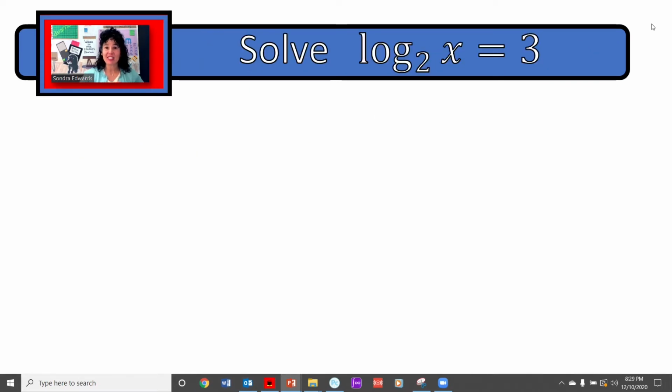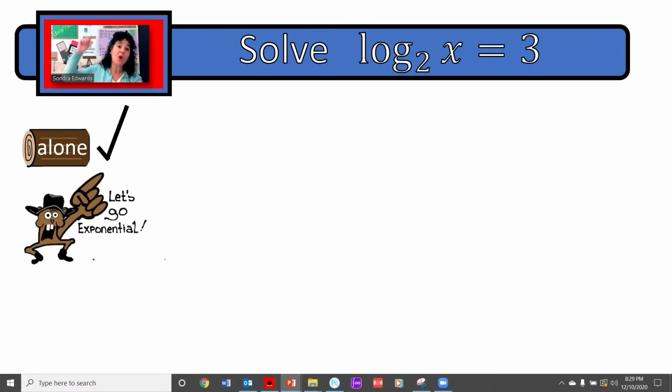Here we have our first example, log base 2 of x equals 3. We start with the question, is the logarithm alone? In this case, it's a very basic equation, and yes, the logarithm is alone. So the next thing we want to do is go exponential. In other words, we're going to go for higher ground. That 2 tunnels under and comes up underneath the 3, pushing that 3 up.